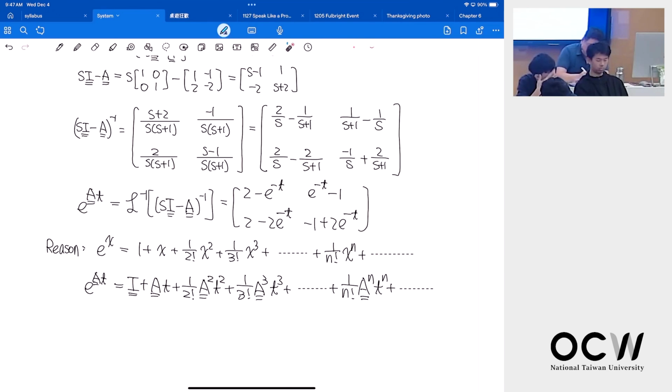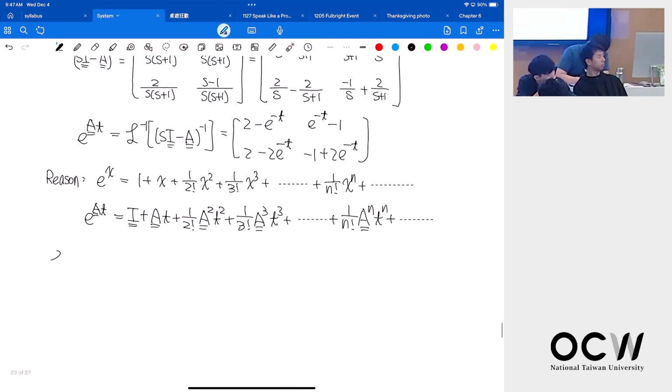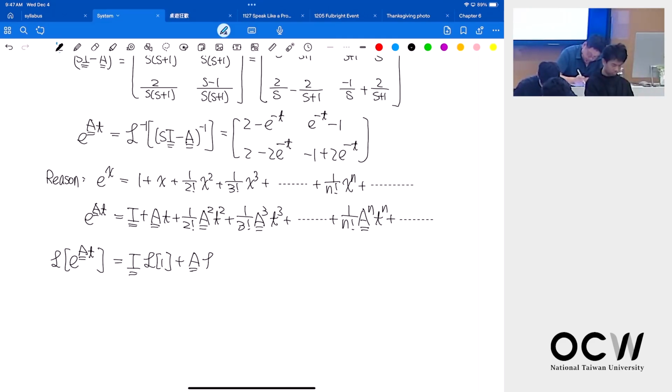So when we take the Laplace transform of e to the At, there will be I times the Laplace transform of 1, plus A times the Laplace transform of t, plus 1 over 2 factorial A squared times the Laplace transform of t squared, and so on.